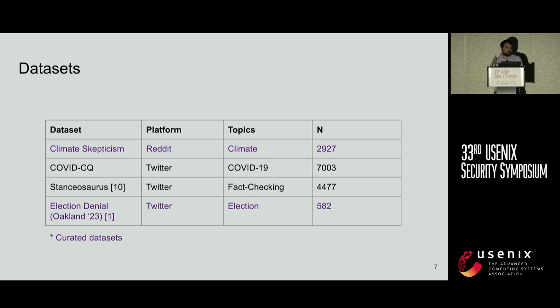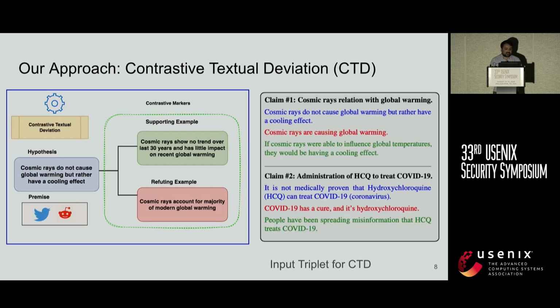The goal here is to comprehensively evaluate this method across a wide range of topics and across two different social media platforms. And as I mentioned, for most of the existing stance detection techniques, for a claim, you would typically have to gather labeled data ranging from 100 samples to 1,000 samples, and you'd have to do it for every other claim.